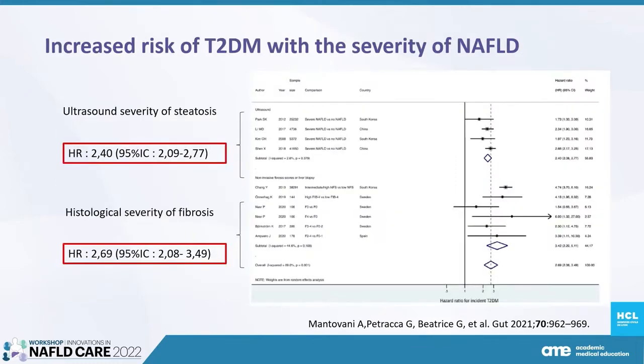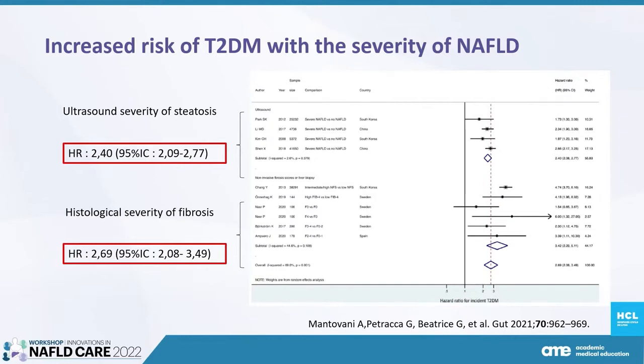I would like to take a small look at also the severity of the disease. Here you see it's still the same meta-analysis. The image is pretty hard to read, but what you need to see is that it only includes very small studies, only 4 studies that have assessed the severity of steatosis, using ultrasound, which is not the most accurate biomarker for the quantification of liver fat.